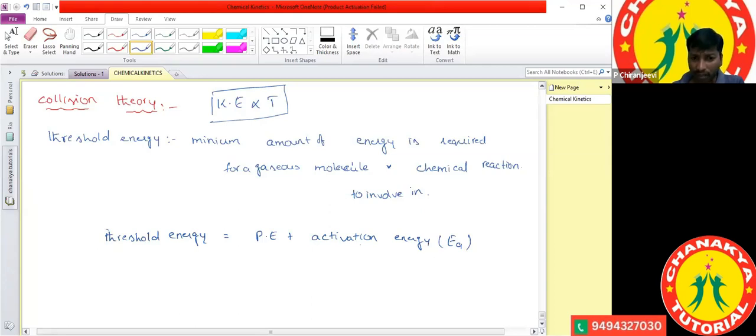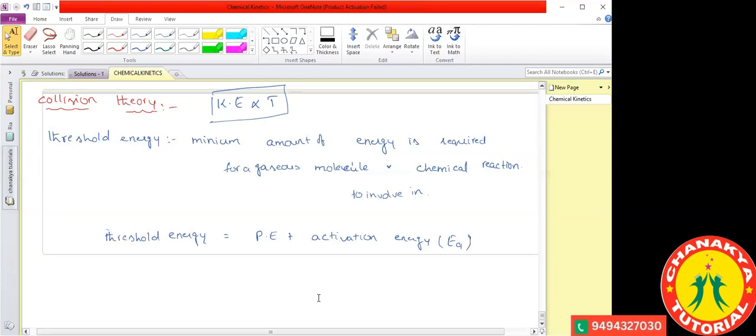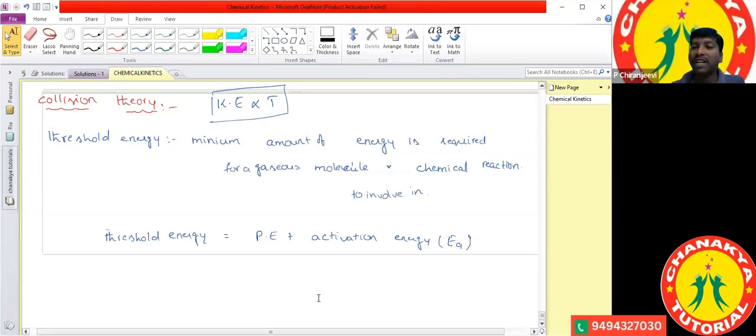Clear? So based on this energy only, we again talk about exothermic reactions and endothermic reactions. Kathy, what is meant by an exothermic reaction? It gives out heat. So a reaction which releases heat energy is called an exothermic reaction. What is meant by an endothermic reaction?